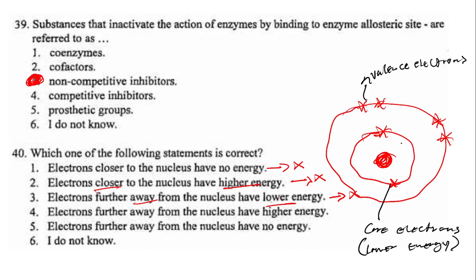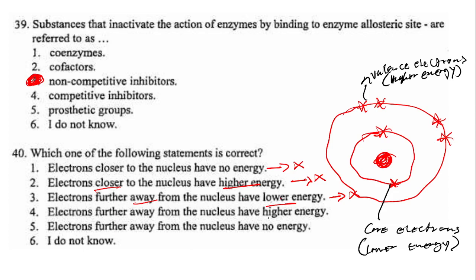They are a bit excited and they are ready to do any chemical bonding. So electrons further away from the nucleus have higher energy. So this question was very simple. The answer here is just 4, which is what I've shaded.